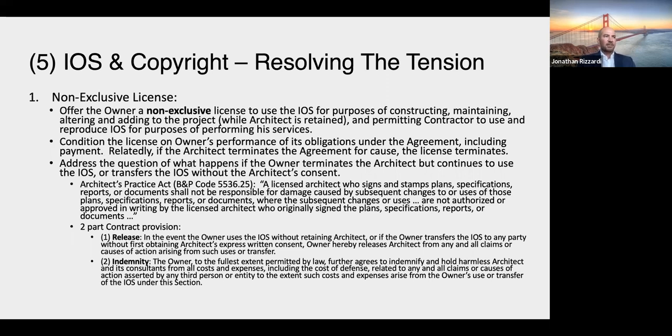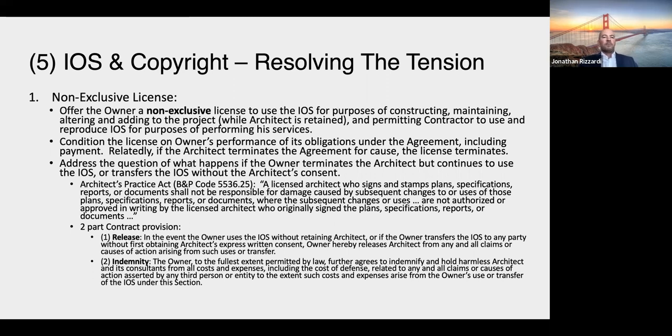I think the first thing is, you've got to get the owner to understand what the default is in terms of how ownership works. This is an issue where a lot of times it's actually easier to negotiate with an attorney than it is with an owner for that reason.